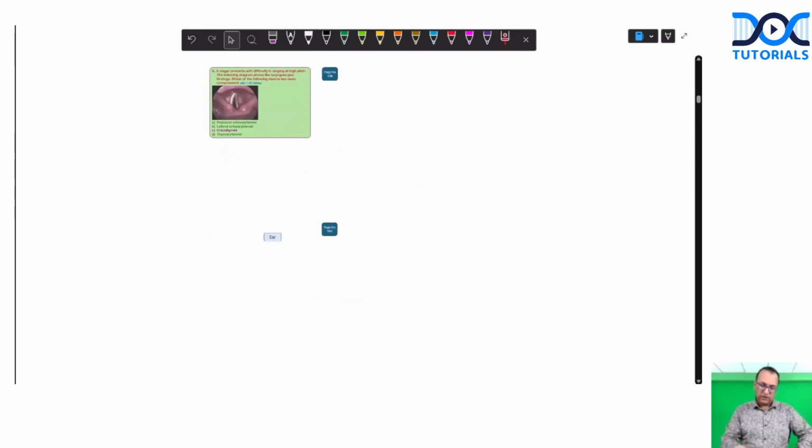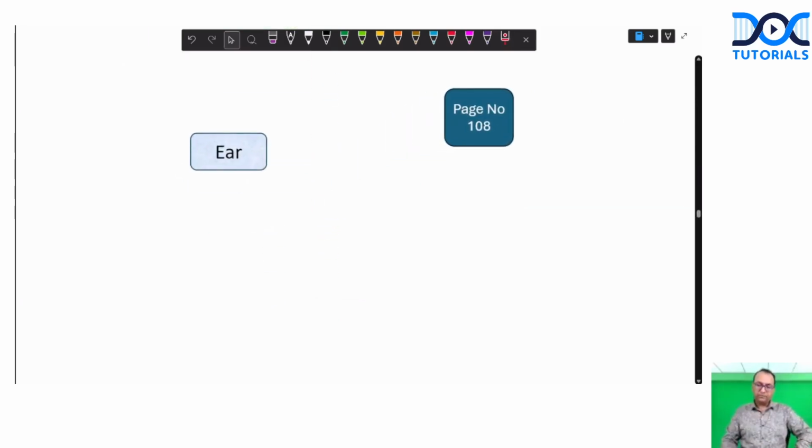Then, as we talk about some details of the ear, the ear is a big topic, but a question like who is forming the tragus of the ear and who is forming the ear lobule, which arch? Actually, the external ear develops from two arches, first and second.